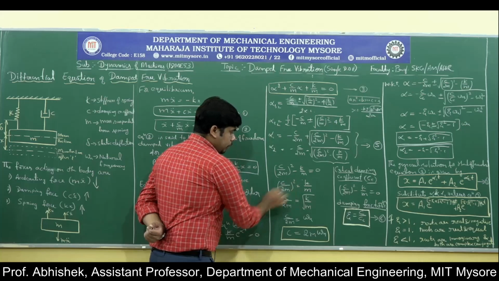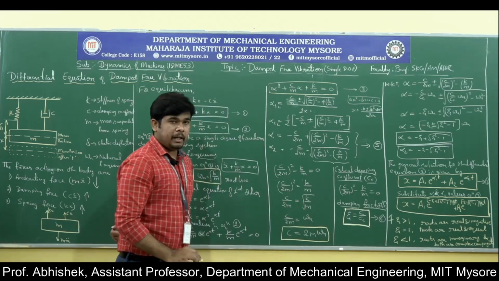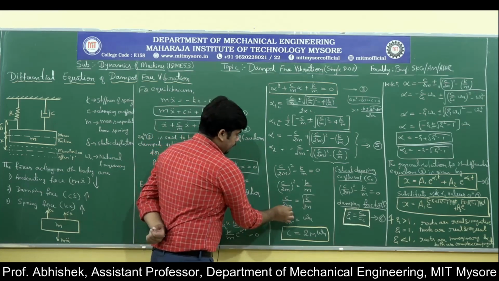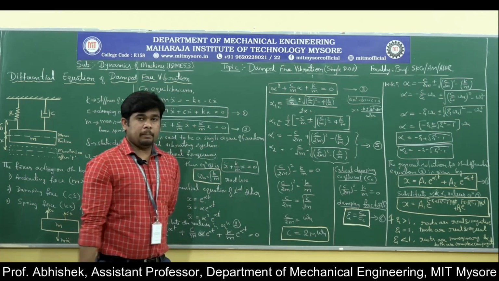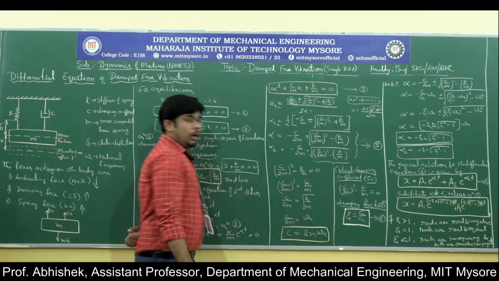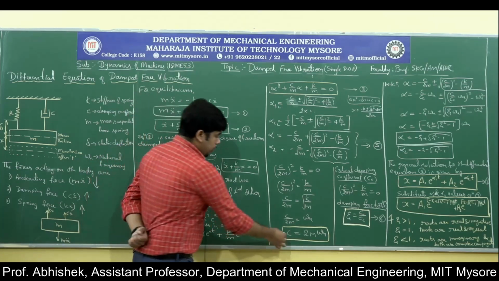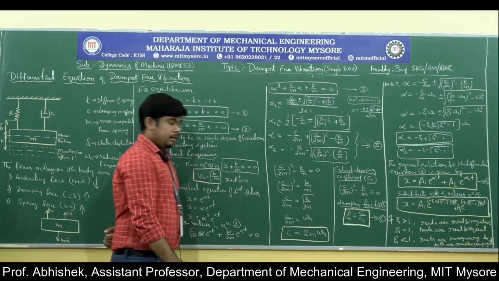Now we have a square here, shift this to the right hand side, so it becomes the square root of k by m, and on the left we have only c by 2m. We know that the square root of k by m is nothing but omega n, the natural frequency. So c by 2m is equal to omega n, and now c is equal to 2m into omega n.